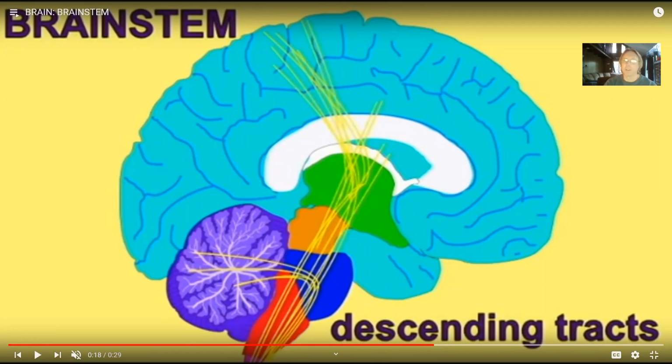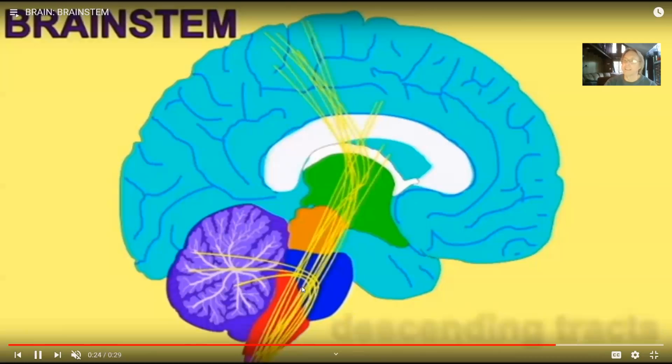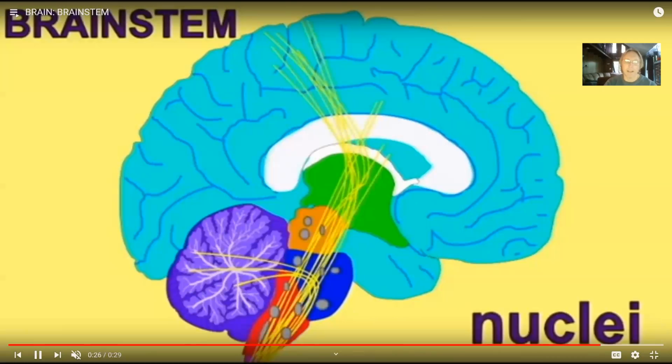There are descending tracts coming from the cerebrum and cerebellum that pass through the brainstem to reach the body. That is why the brainstem is whiter in color. It is primarily white matter because of all of these ascending and descending tracts carrying information between the body and the 2 largest parts of the brain.